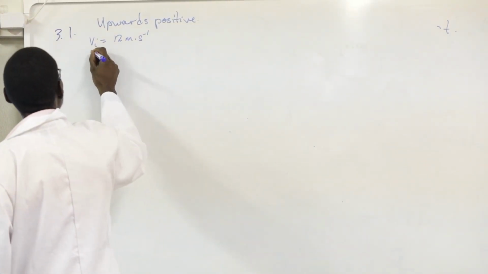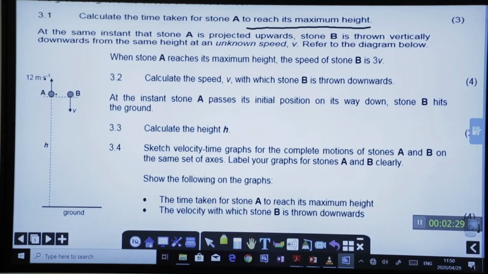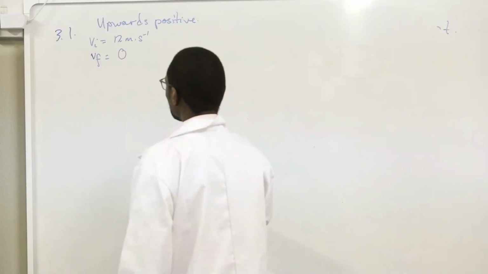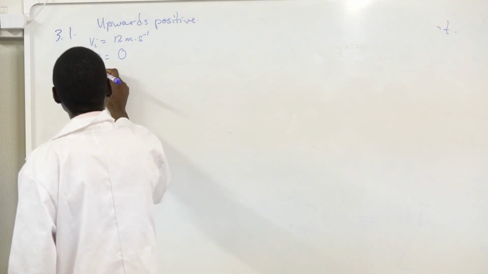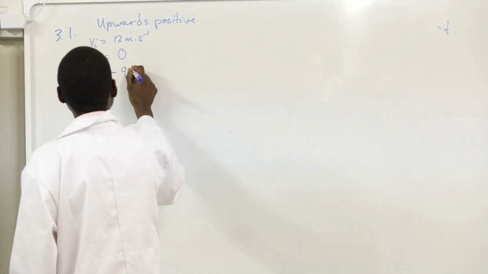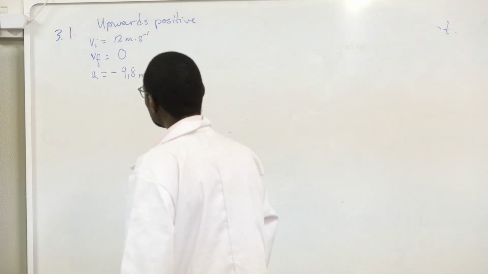My final velocity is 0, because at the highest point the object is going to have a final velocity of 0. My acceleration due to gravity will be negative 9.8 meters per second squared.